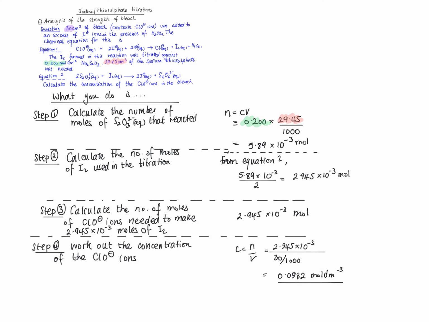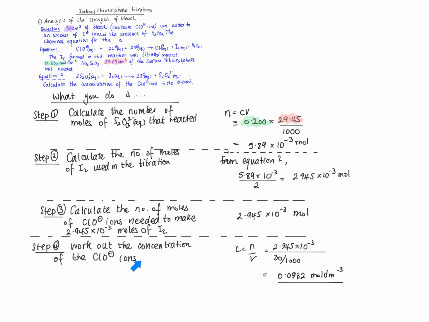And because we know the number of moles of I2 that we made, and it's 1-to-1, that means that 2.945 times 10 to the minus 3 moles of I2 were made from 2.945 times 10 to the minus 3 moles of ClO-.